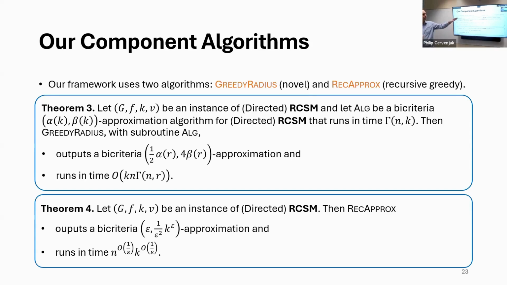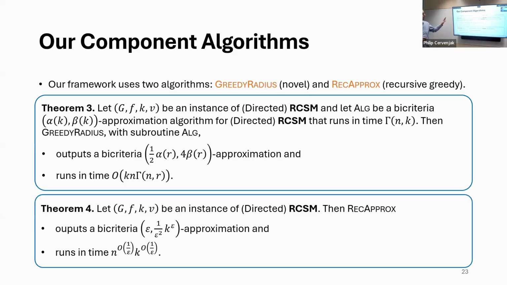And we also devised this algorithm called RecReProx, which is also a recursive greedy algorithm, and it's quite similar in structure to the previous recursive greedy algorithms. Yeah, RecReProx is a bit more complicated, so I'm not going to go over that in this presentation, but it basically uses a similar structure to some existing algorithm.